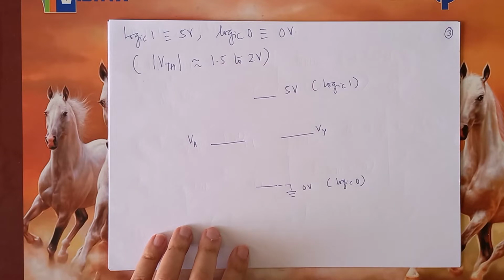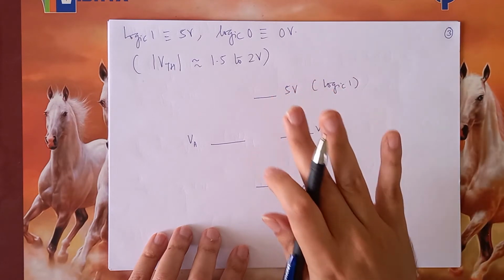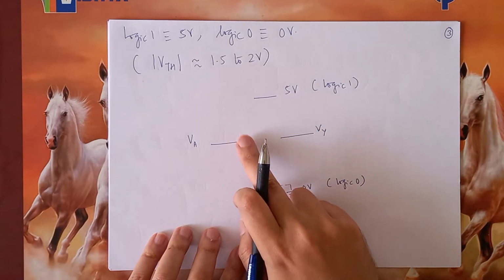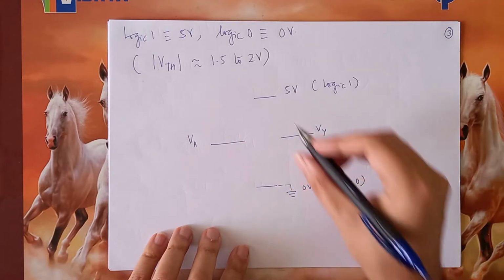Now, let's say I want to feed this VA to the gate of one NMOS and one PMOS in this fashion.